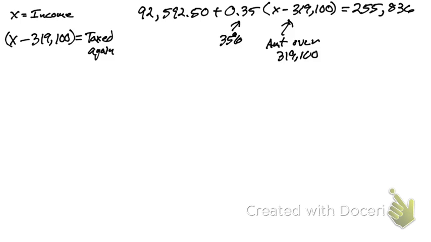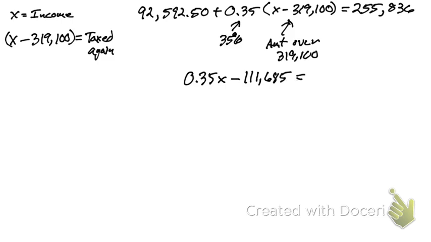Expanded, 0.35 times X minus 319,100. So you would end up with 0.35x minus 0.35 times 319,100, which would be minus 111,685.